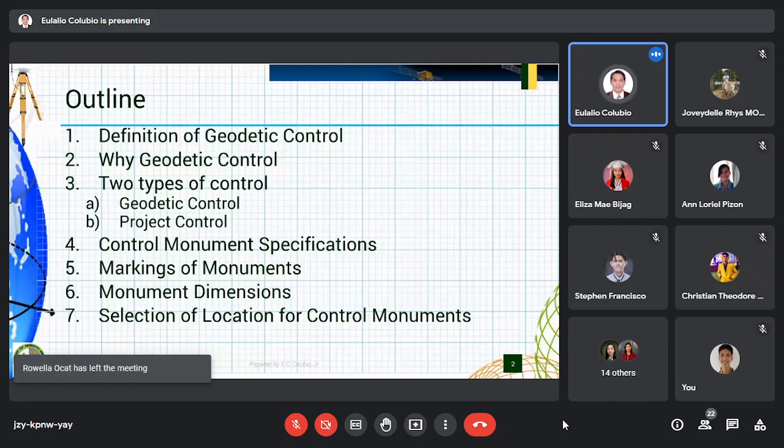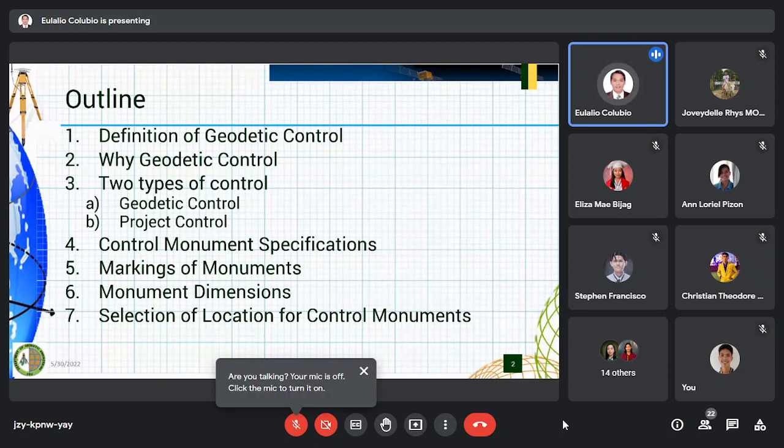A lot of contractors do this to make the work easier, but they are substandard monuments. And they are prone to disturbance. They are easily broken, easily kicked over, and the monuments topple. So it will also be a source of error if you use such monuments. They easily tilt.